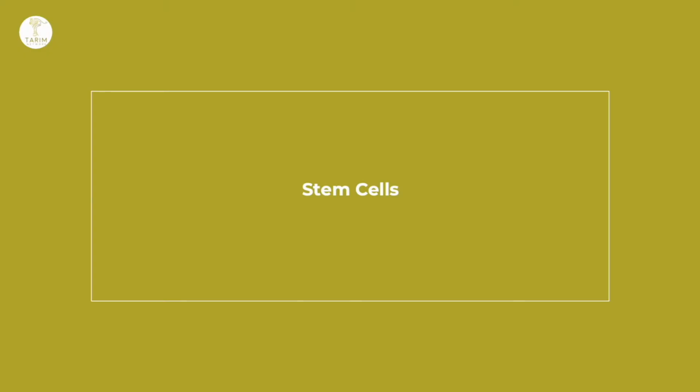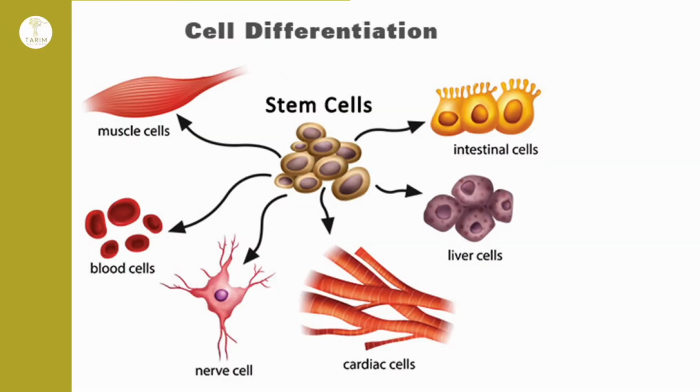So stem cells, I can sum this up very briefly by saying that these are the cells that have the potential to generate every other different cell type in the body. Therefore, stem cells are cells that can generate cells with different functions, meaning, for example, intestinal cells, liver cells, cardiac cells, nerve cells, blood cells, or even muscle cells.